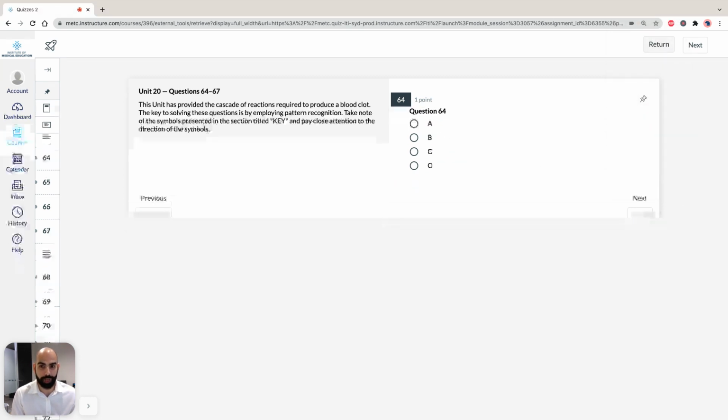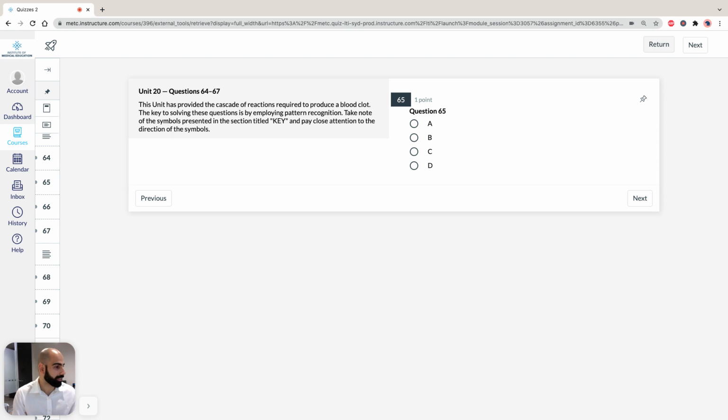So if we move on now to question 65, the question is asking, which of the following is most likely the role of factor 8? If we take a look at figure 1 in the stimulus again, at factor 8, we can see clearly it's a cofactor for factor 9A in helping convert factor 10 to factor 10A.